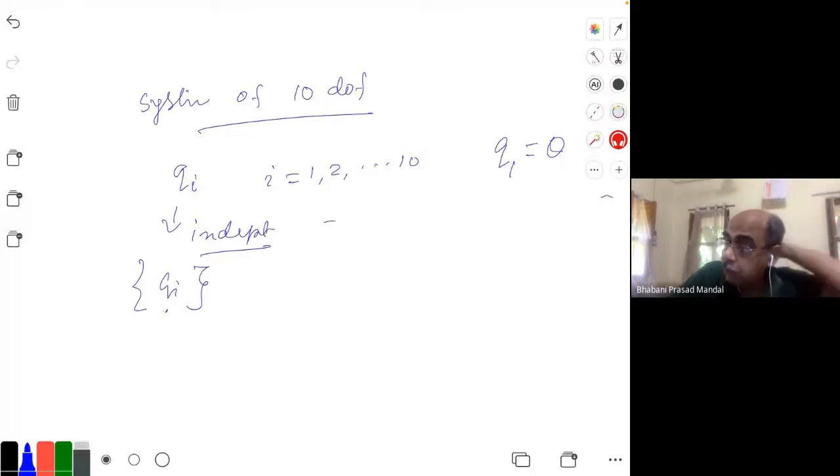Okay, so now when we have holonomic and non-holonomic constraints, I'll tell you about degrees of freedom and generalized coordinates.